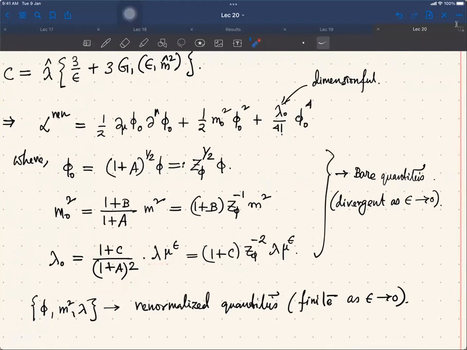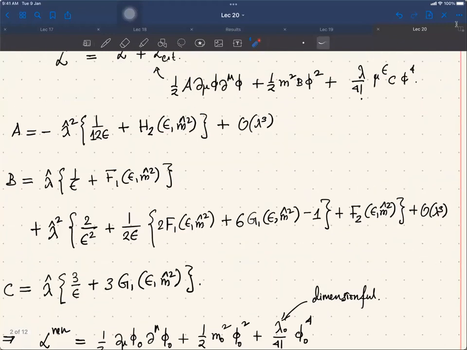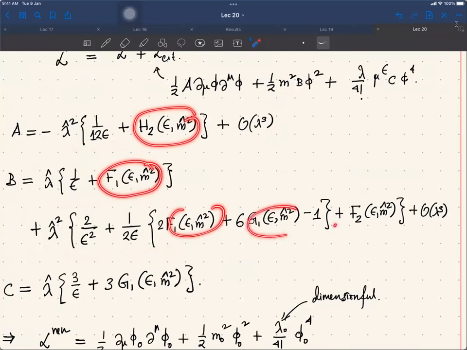Now these capital A, capital B, and capital C are different parts of the counter term Lagrangian, where we have to set all the finite ambiguities to 0. So only the bare minimum pole terms are kept in this.